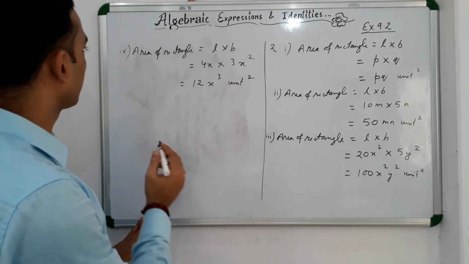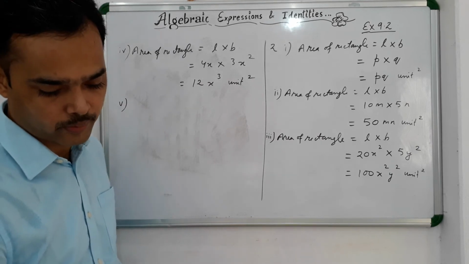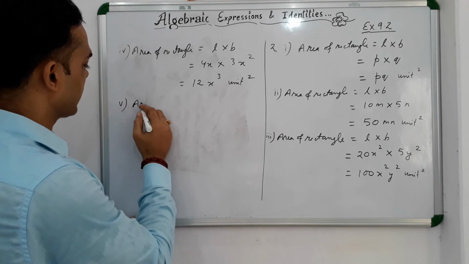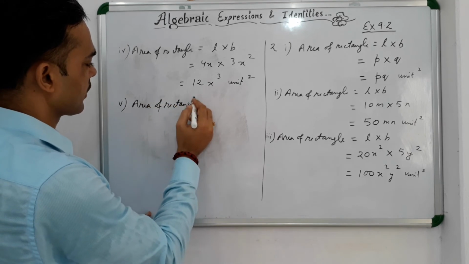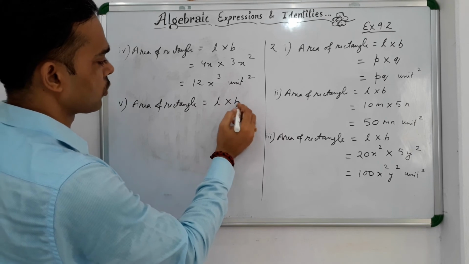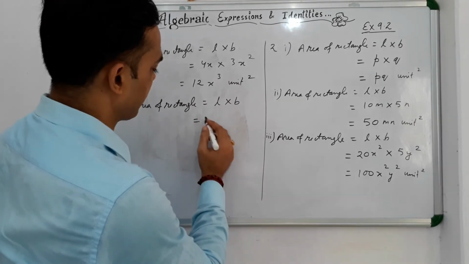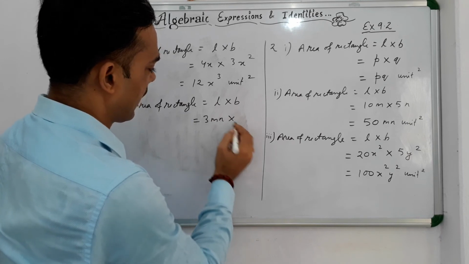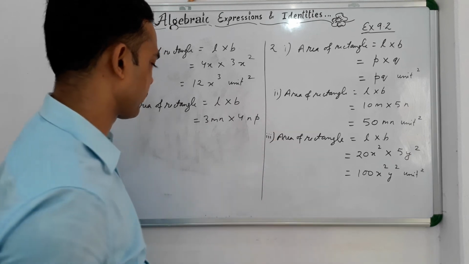Then after this fourth part, let us move on to the fifth part. Let's write down the formula. Area of rectangle equals length into breadth. Now length is 3mn and the breadth is 4mp.